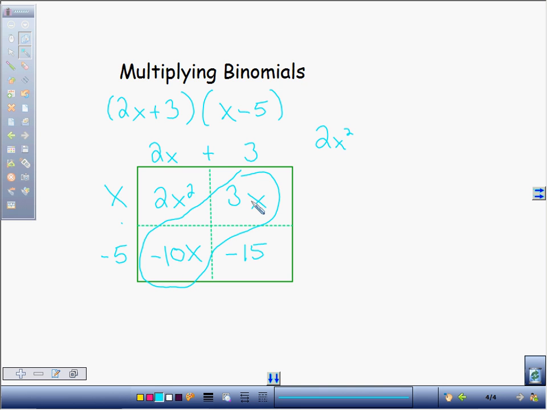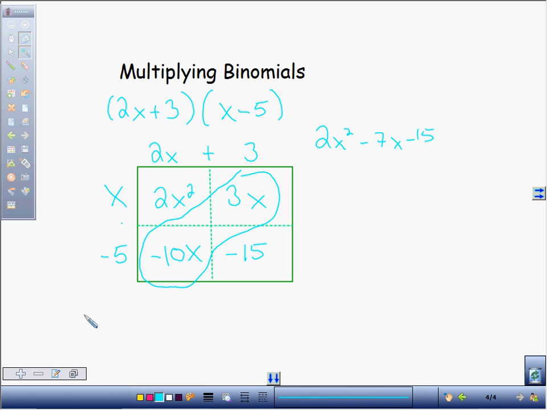What's minus 10 and 3? Negative 7x. And then what else do I have? Minus 15. So if I multiply this together, that's what I get: 2x squared minus 7x minus 15.